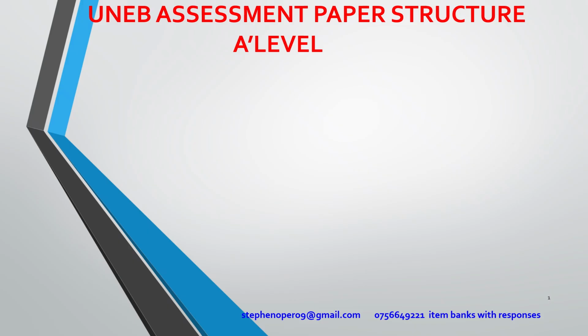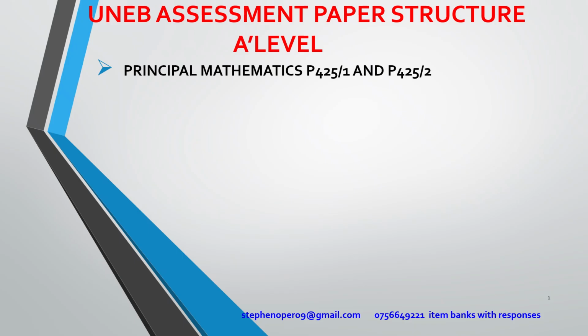Amen. So class, today we have the enable assessment paper structure, basically for the aligned A-level curriculum. We shall have this discussion dwelling on three disciplines, that is principal mathematics, paper 1 and paper 2.